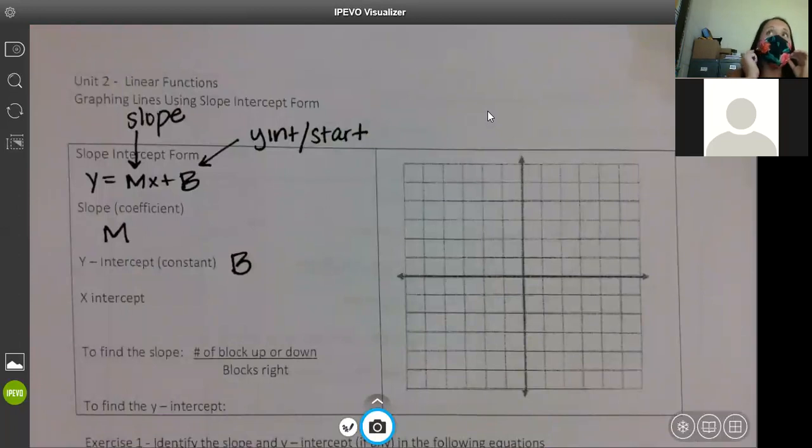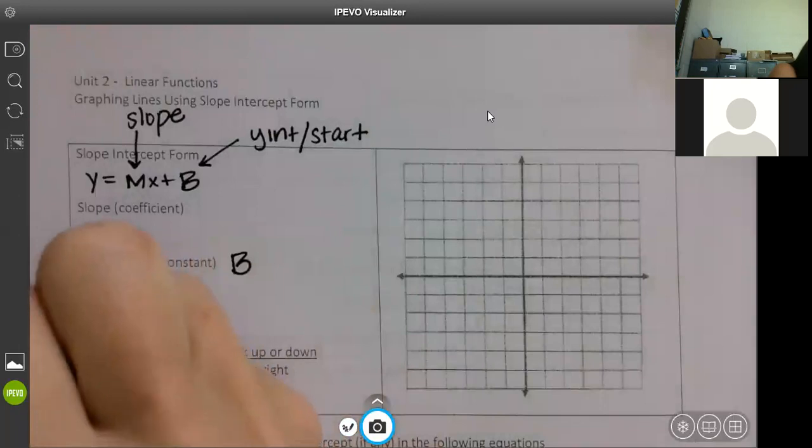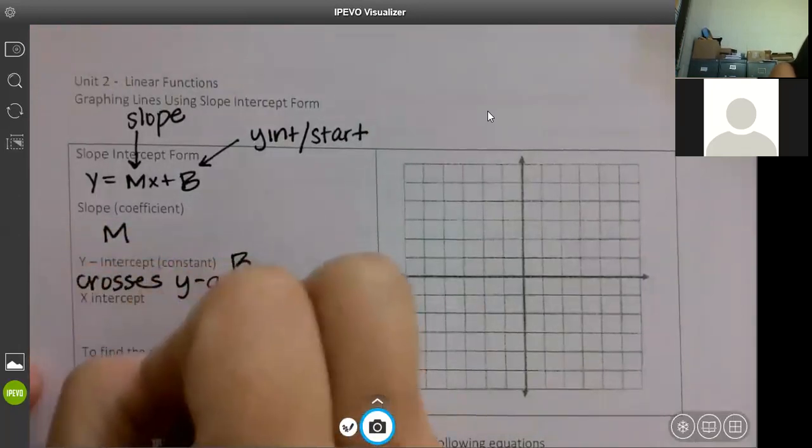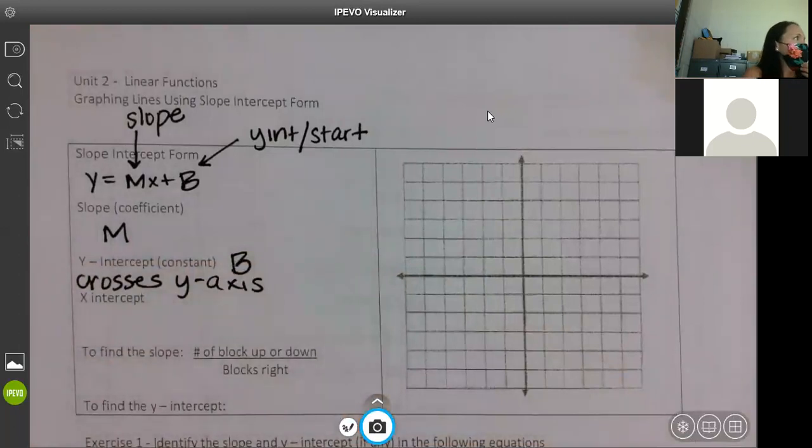If we have this graph right here and I tell you to start at 4, where would you graph it? Say it again. Where though? On the y-axis. So a y-intercept crosses the y-axis. So what would an x-intercept do?